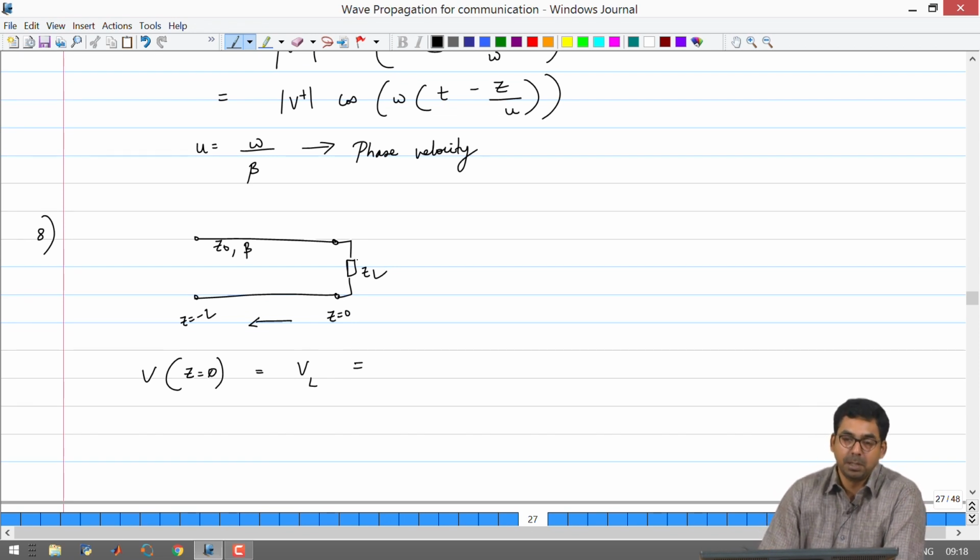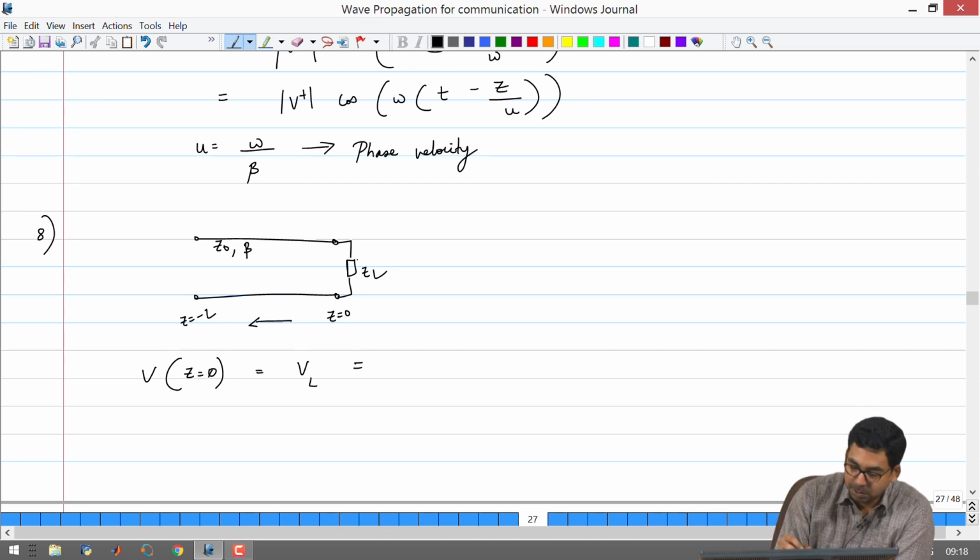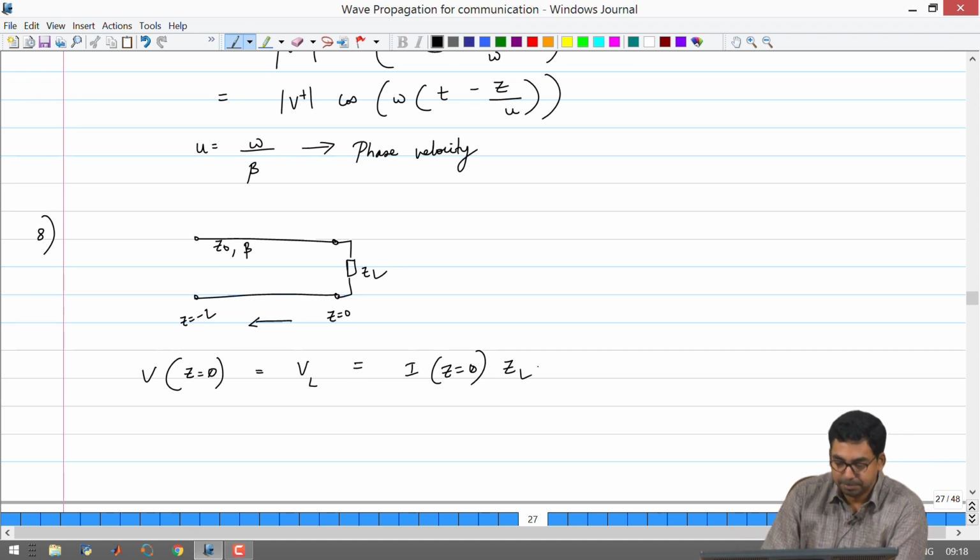So, you are applying Ohm's law at the load end, V is equal to I times Z. Okay. So, it is going to be I at Z equal to 0 multiplied with ZL. Okay. And at the position Z equal to 0, you will be having a forward and a backward wave.